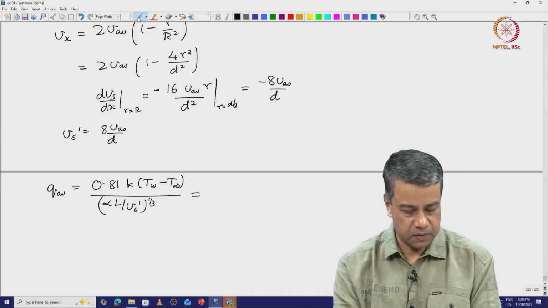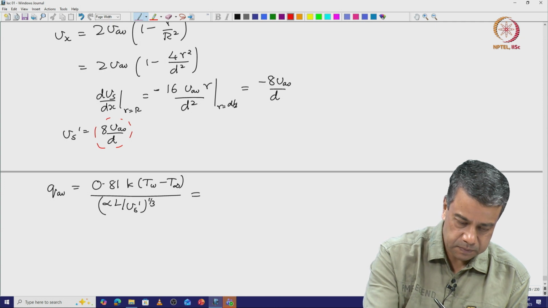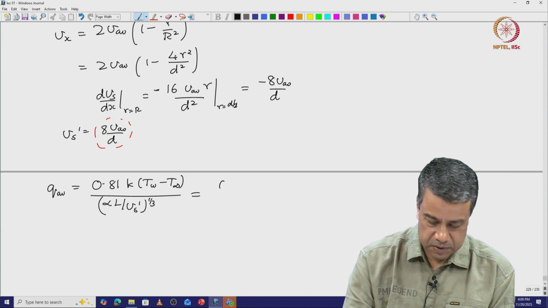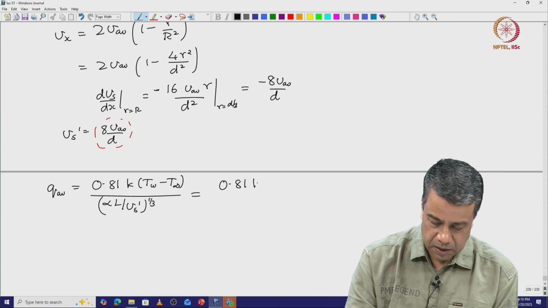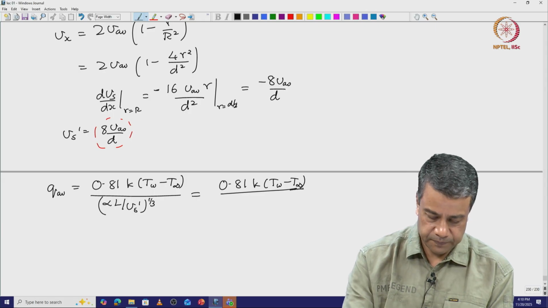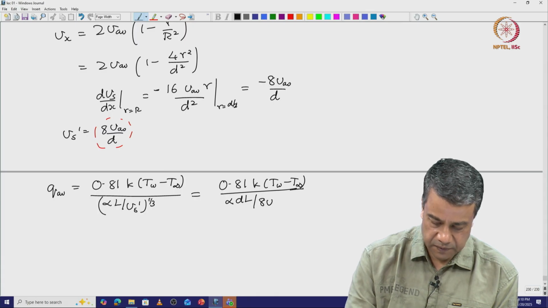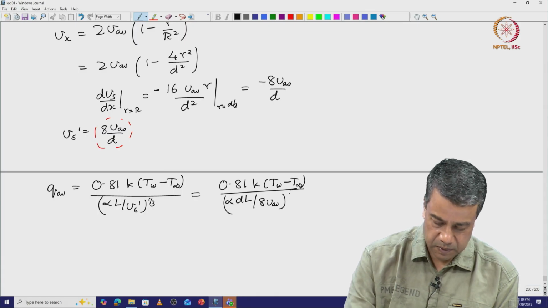This is equal to 0.81 K into Tw minus T infinity divided by alpha dL by 8 V average whole power 1/3.